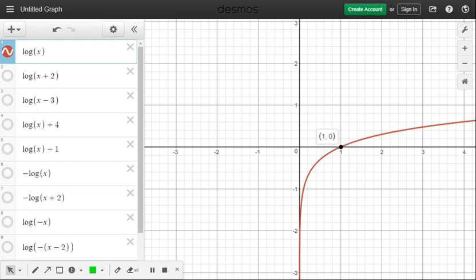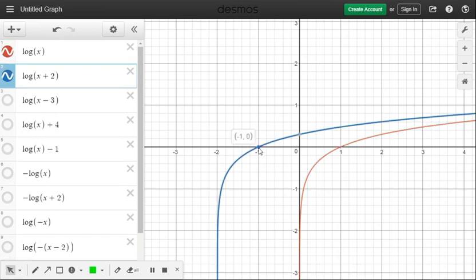Now let's talk about the transformation when it's inside the parenthesis, x plus 2. Let's see what happens. So I'm going to turn on log of x plus 2, and that's the blue graph. So it seems that it's shifted maybe 2 units. Let's check.